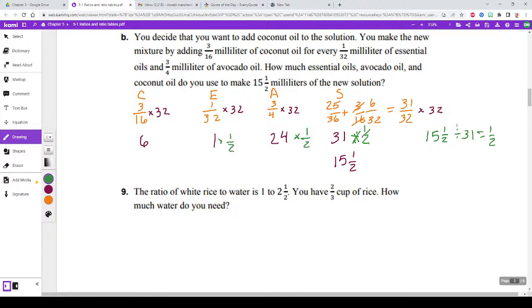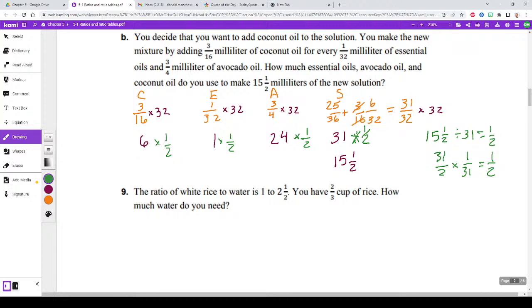By the way, if you don't believe me on this, because I'm worried that some of you don't: 2 times 15 is 30 plus 1 is 31 over 2. And then if I'm dividing by 31, that's the same as multiplying by 1/31. And so that does give us 1/2. So we're going to multiply all of these through by 1/2.